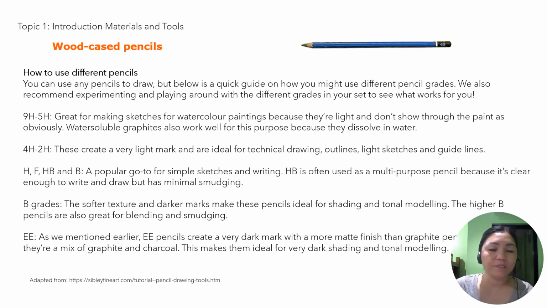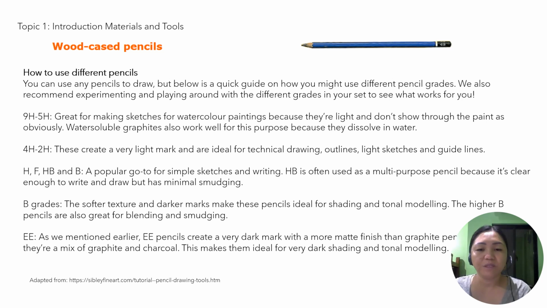Water-soluble graphite also works well for this purpose because it dissolves in water. For H and 2H, these create a very light mark and are ideal for technical drawings, outlines, light sketches, and guide lines. H, F, HB and B are popular go-tos for simple sketches and writing.